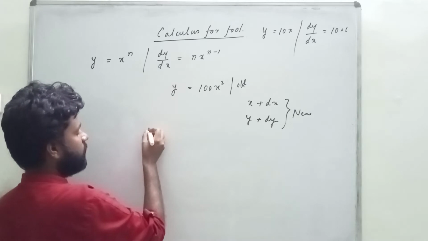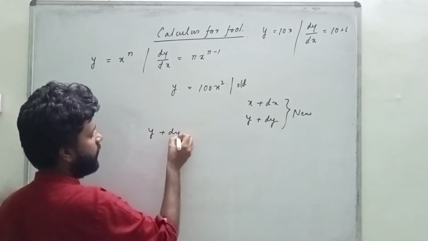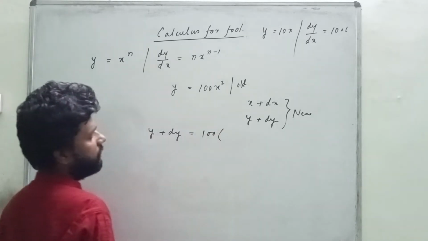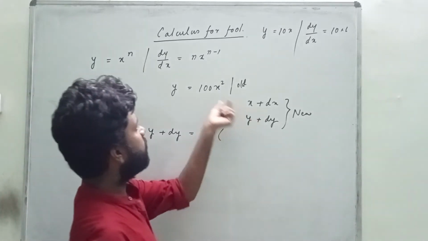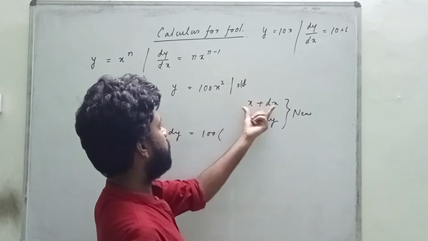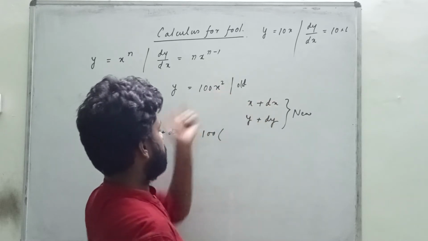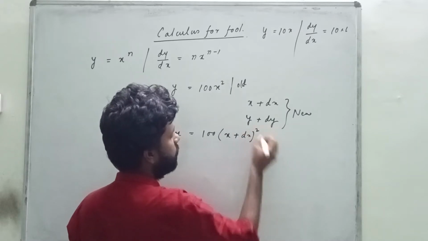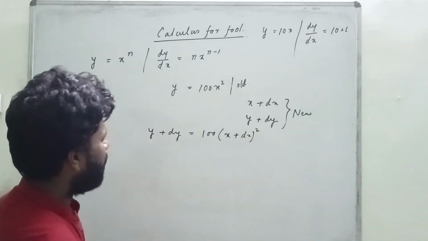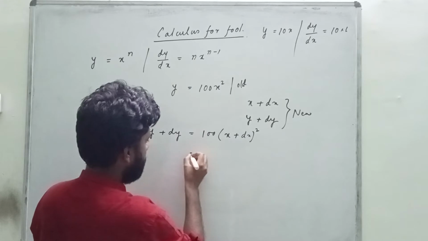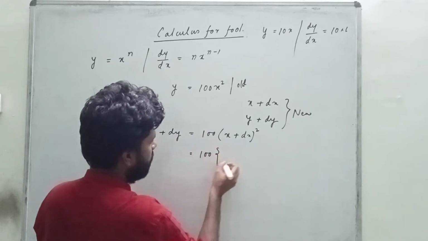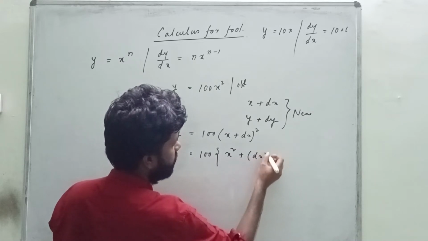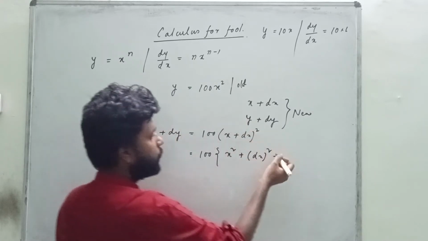So y plus dy equals 100 into, instead of x, plug in the new relation x plus dx here. So x plus dx whole squared, right? And all of you know what this is. This is 100 times x squared plus dx squared plus 2x dx, right?